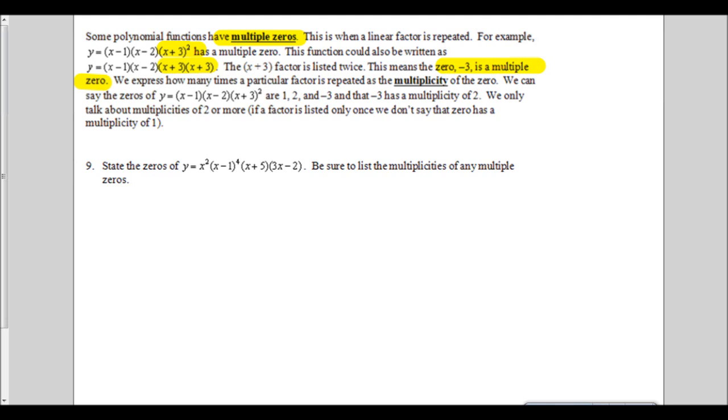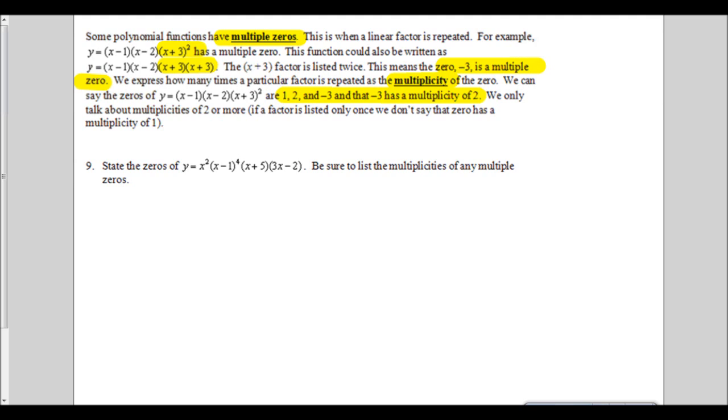So we want to say that that's a 0 2 times. We call this the multiplicity of the 0. So when we write out the zeros, we can say that the zeros of our function are 1, 2, -3, and that -3 has a multiplicity of 2. We only talk about multiplicities of 2 or more because if a multiplicity is 1, it's not really a multiplicity, it's just a 0.